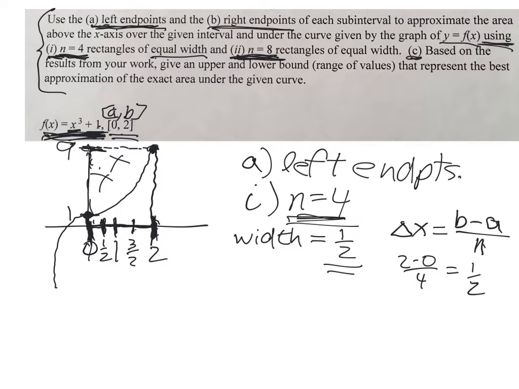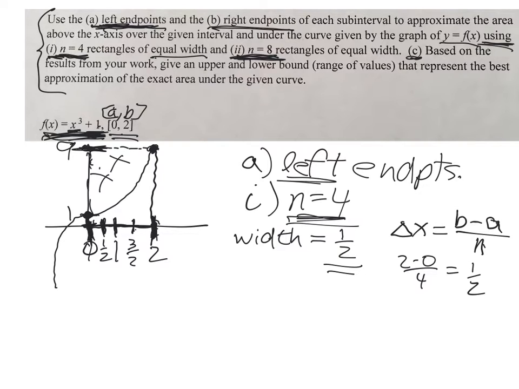Back to this point, we're going to use the left endpoints for the first portion of this. That means the height of our rectangle, instead of going from here way up to here like we did with just the 1, we're going to use the left endpoint of each subinterval to calculate the height.